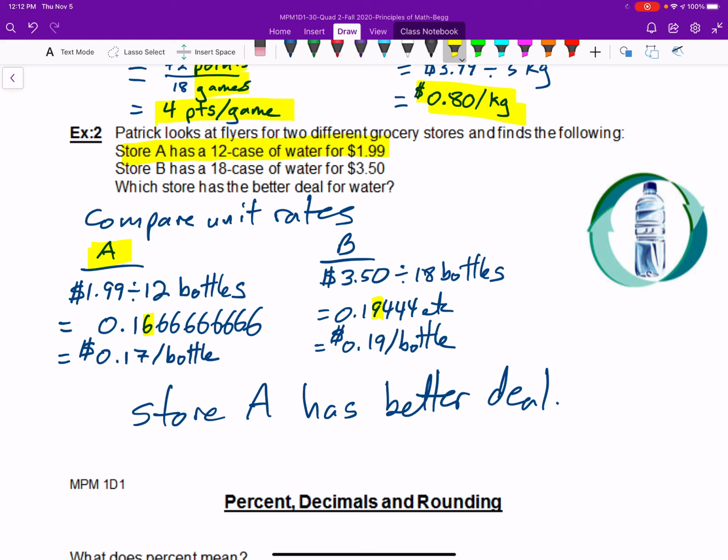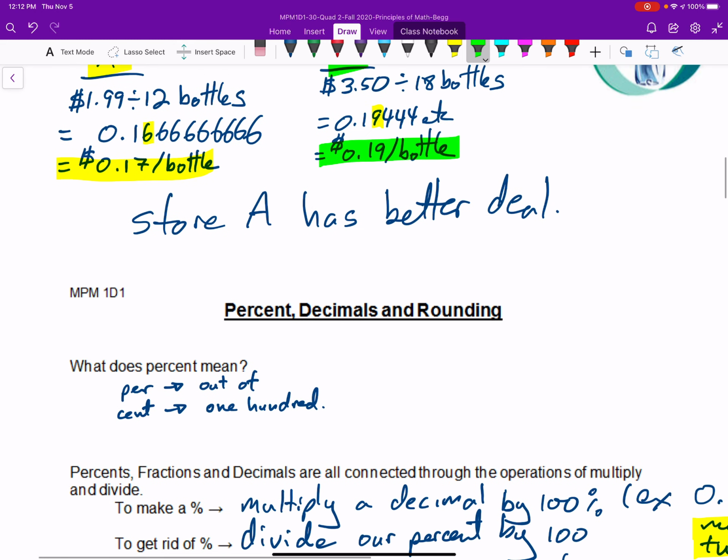If I divide $1.99 by 12 bottles, it turns out that it costs 17 cents per bottle. Store B gives you an 18 case, but for $3.50. If I divide the $3.50 by 18 bottles, it turns out that it's 19 cents per bottle. So, obviously 17 cents per bottle is cheaper than 19 cents per bottle, so we will go with store A.